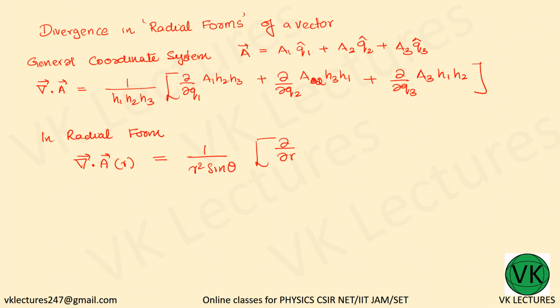What is h1? h1 is 1, h2 is r, and h3 is r sine theta. So h2 h3 means r and r sine theta, so r square sine theta will remain. So dou by dou r of Ar means the first term A1, so Ar into r square sine theta.